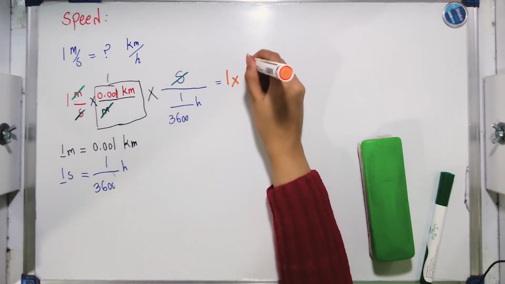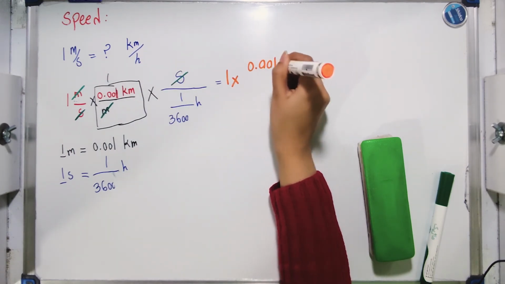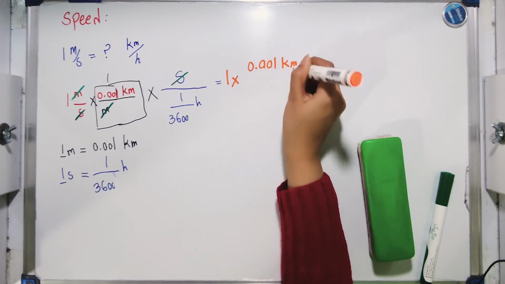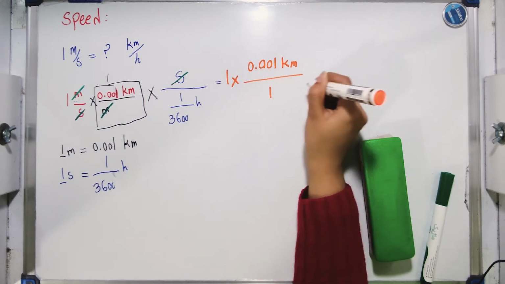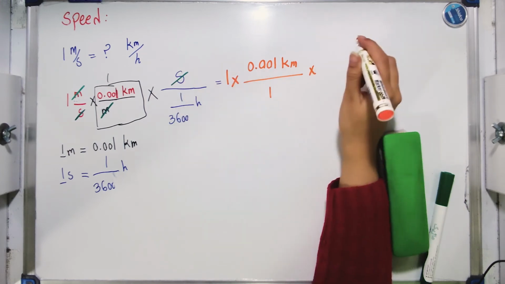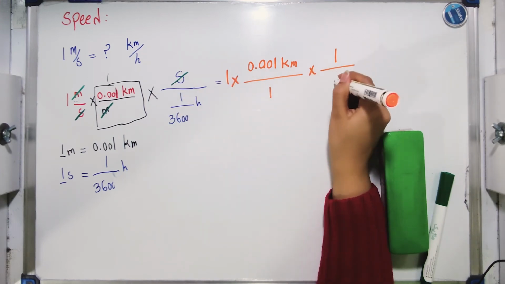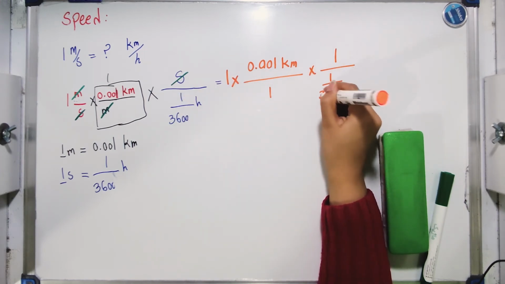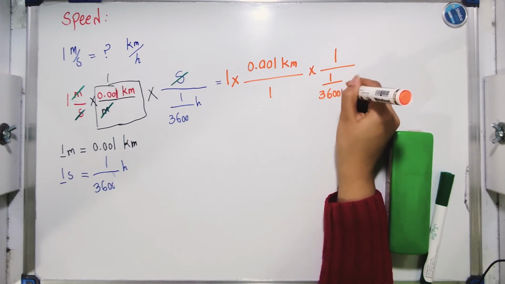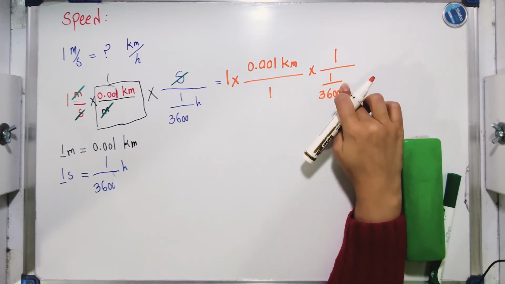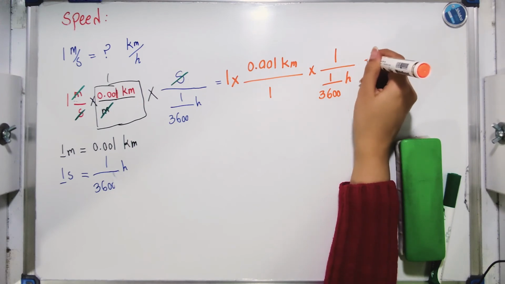I have 0.001 kilometers up, 1 down, 1 up, 1 over 3,600 hours here.